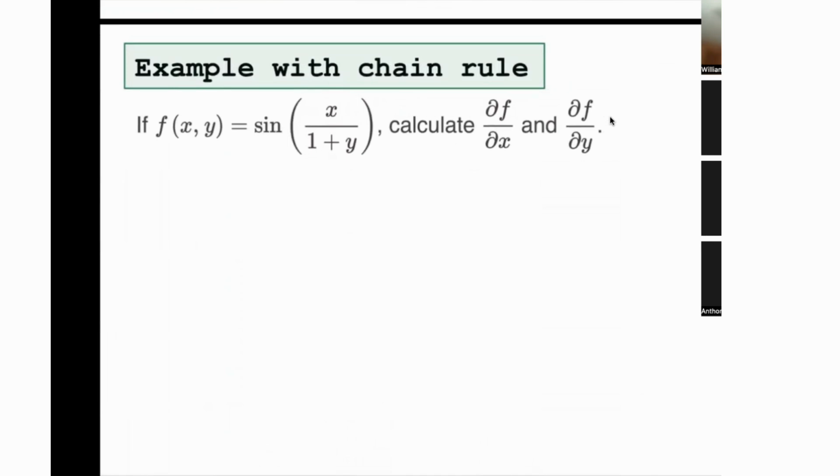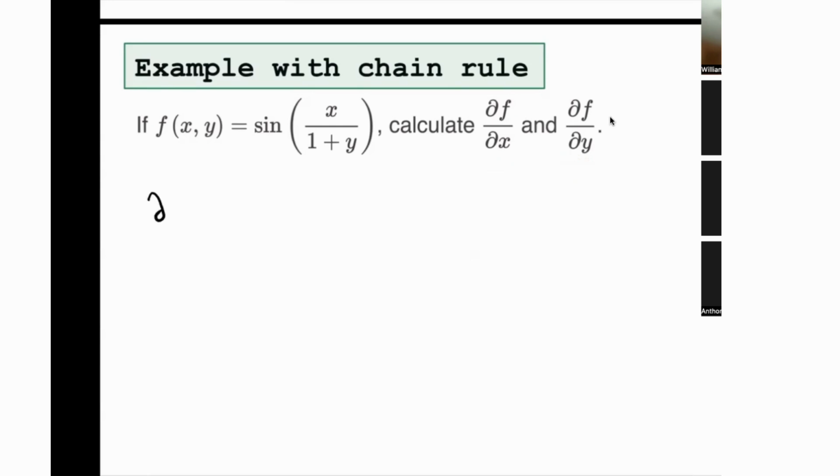So let's look at this next example. I'll just do a few more examples. Here's an example using the chain rule. f of xy equals sine of x over 1 plus y. Calculate df dx, the partial with respect to x, and df dy, the partial derivative with respect to y.